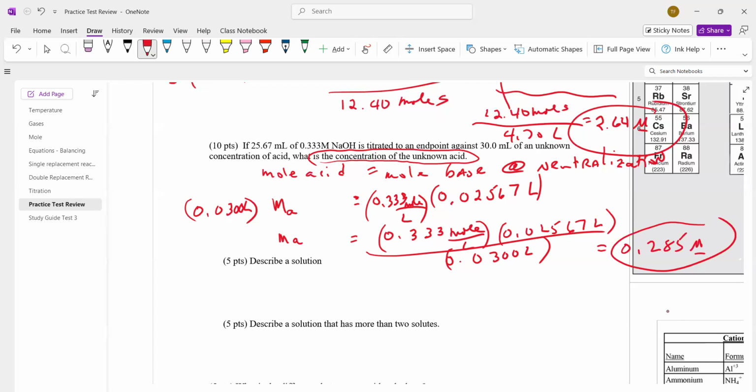And the indicator will tell us when that neutralization occurs. Because this is not valid unless the moles of base equals exactly the moles of acid. This calculation is based on that. So if it's not at that point, none of this works. So you have to have some way of figuring out when we're at neutralization.